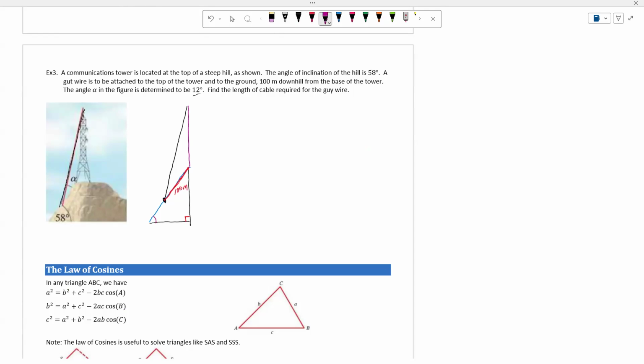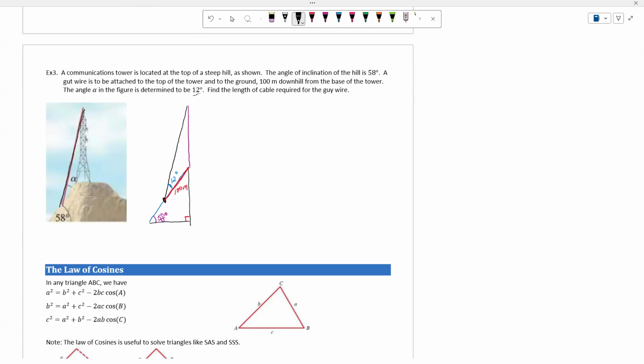And then this angle right here is 58 degrees, right? And of course, the last one, this angle right here is 12 degrees. It seems that we have nothing else. Then now, let us slowly work out the problem.